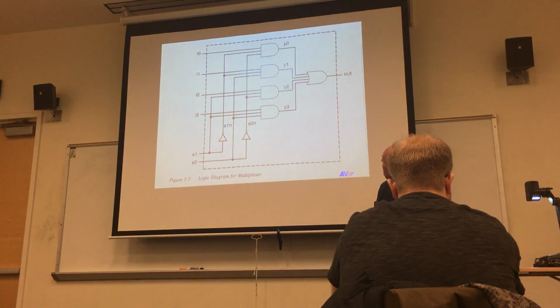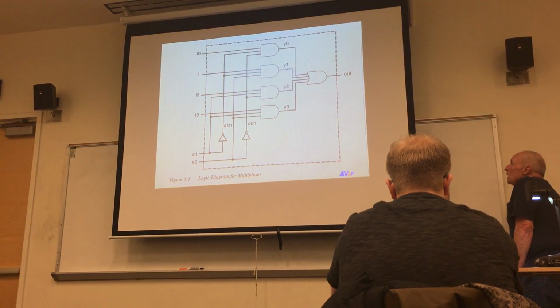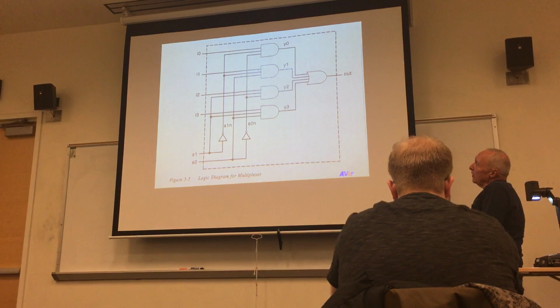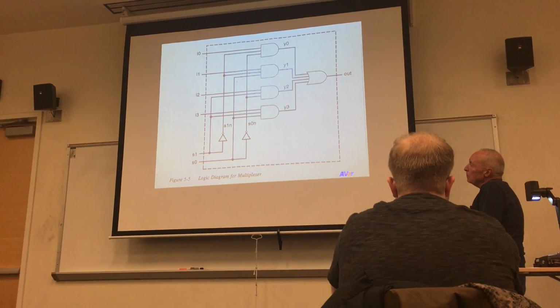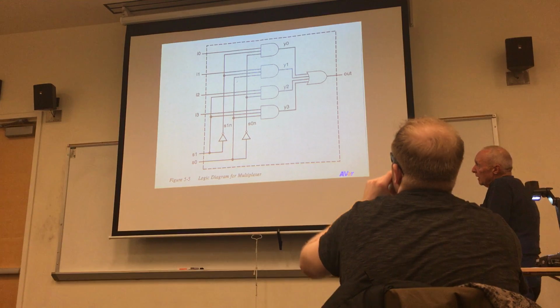So let's see, we've got a couple of inverters, we've got 4 3-input AND gates, and we have a 4-input OR gate. Now, before we actually look at the code, I do want to point out one particular thing that you must be mindful of when you're doing gate level designs.